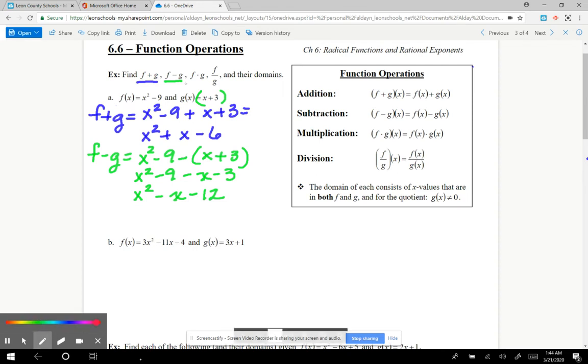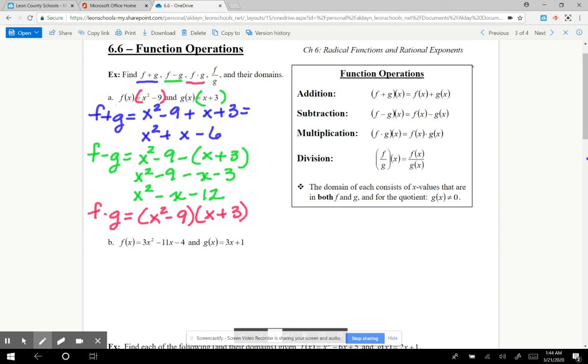All right, the next thing we're going to do is multiply. So f times g. Now, both of these have to be in parentheses when you write them. So you're going to put x squared minus 9 in parentheses, and you're going to put x plus 3 in parentheses. And you can either use FOIL on this one, or you can use distribution. I'm going to use FOIL. The first one times the first one is x cubed.